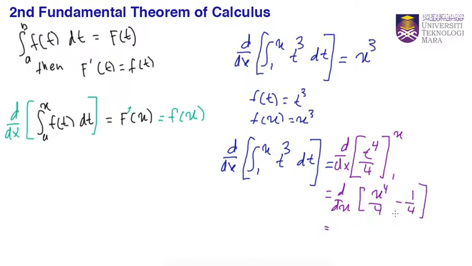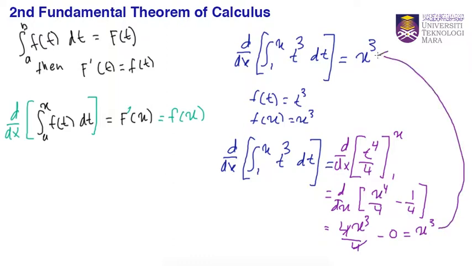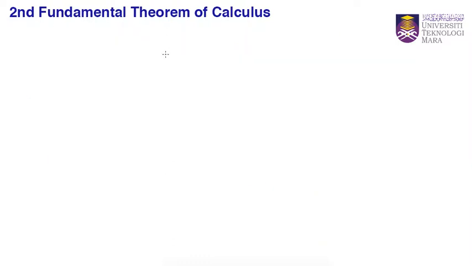Now, when you differentiate this, you will get 4x cubed over 4. When you differentiate a constant, you will get 0, which is minus 0. And this is equal to x cubed. See, as I told you earlier, we will get the same answer again by using the second fundamental theorem of calculus.